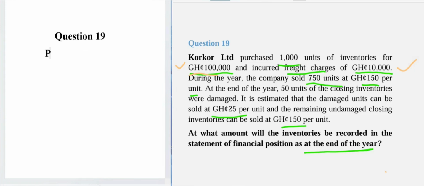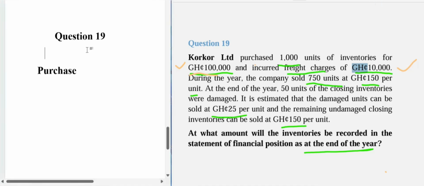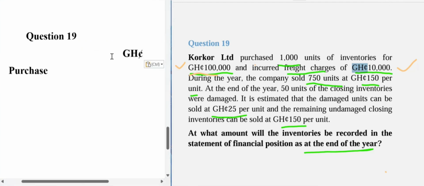So looking at this, we have the purchase price to be, and once again, let's add the Ghana cedi sign, so that we know our workings are all in the currency provided in the question. Okay, so I have this one here now.